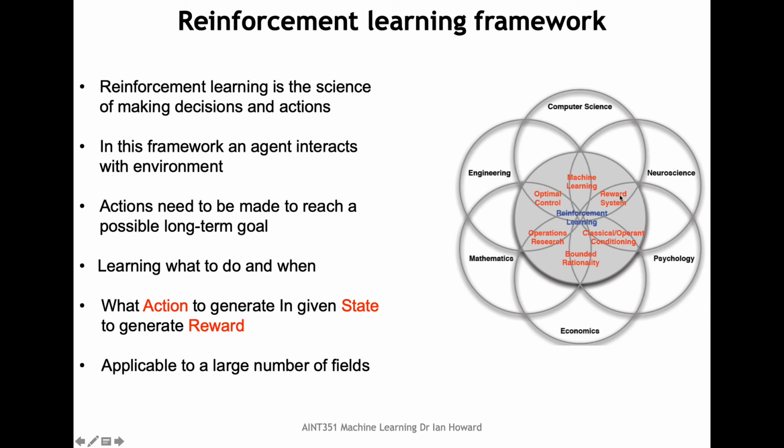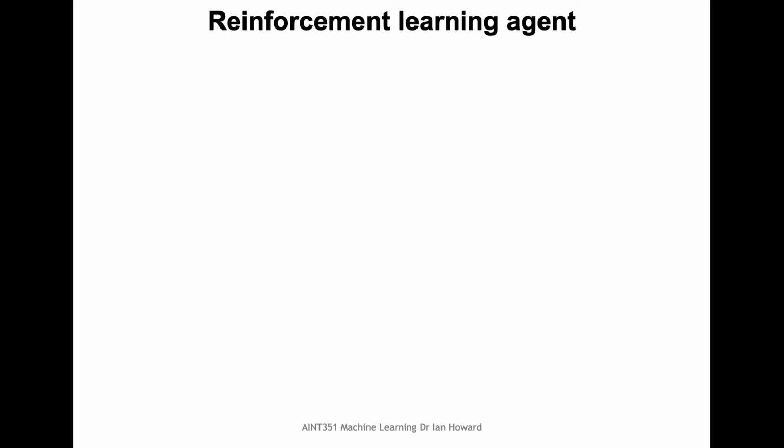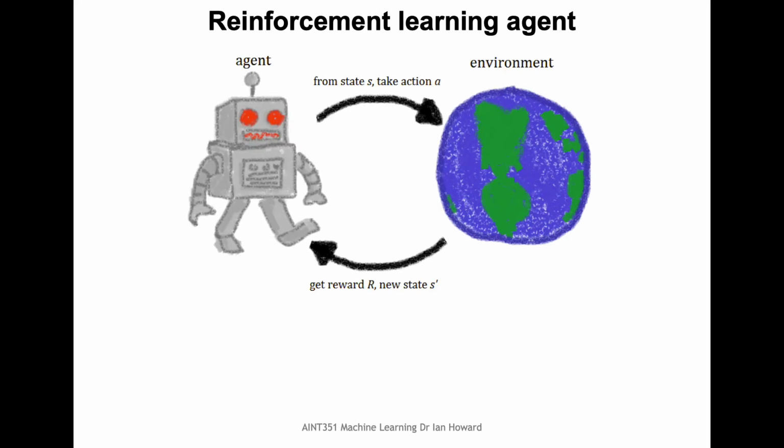There are dopamine neurons and similar things that seem to do similar things to systems based on reward. Psychologists look at classical and operant conditioning. Economists look at rationality and how you make rational decisions. Engineering and mathematics look into things called operations research, how to make decisions in big organisations.